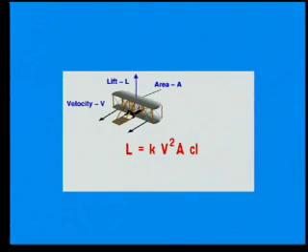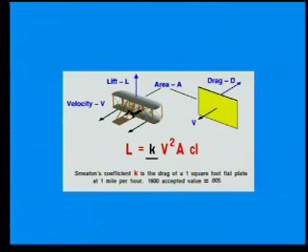Here's what that lift equation looks like. Lift, L, is equal to a pressure constant K times the square of the velocity V times the area A times the lift coefficient, CL. Now let's look at each one of these factors individually. K is called the Smeaton's coefficient, and it's a factor that describes the pressure.